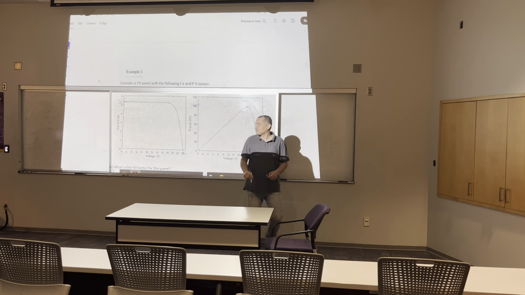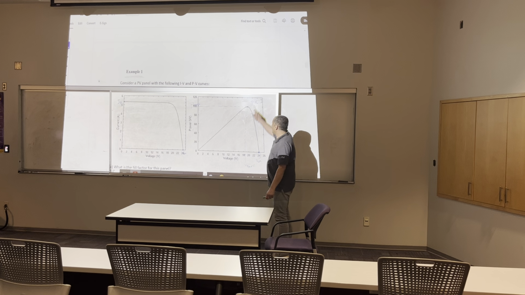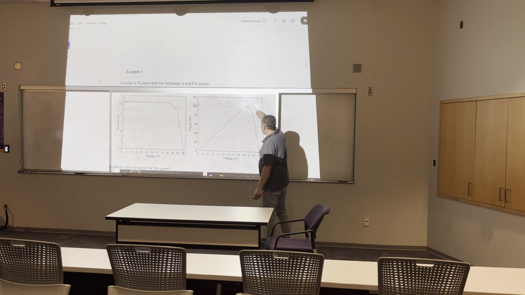Why? Because P is proportional to I. If I is 0, then P equals 0, because P equals VI, and this is 0, so this value will be 0.